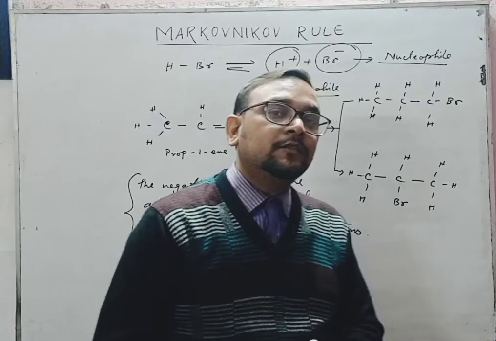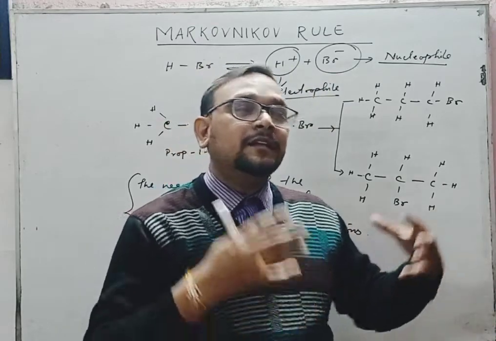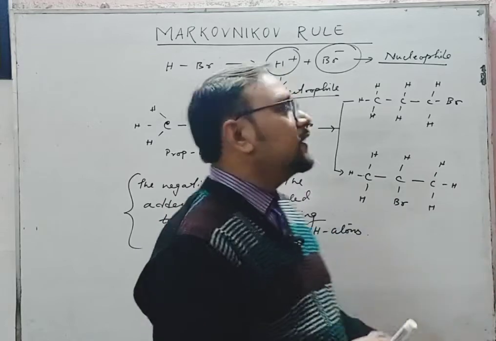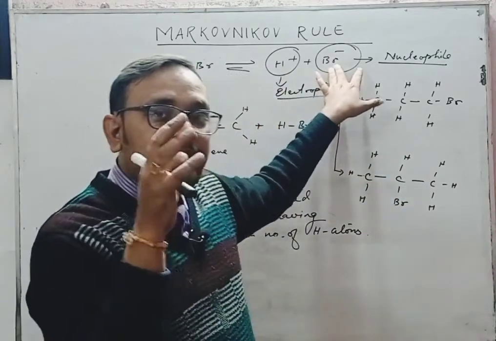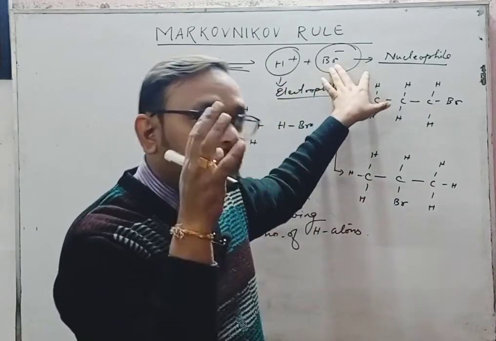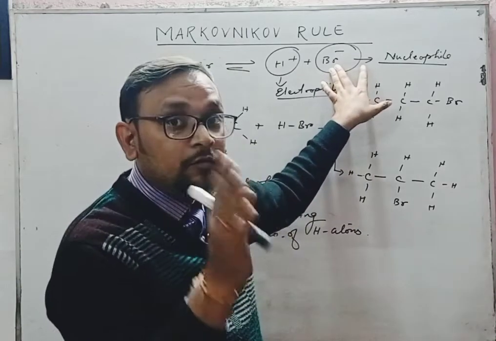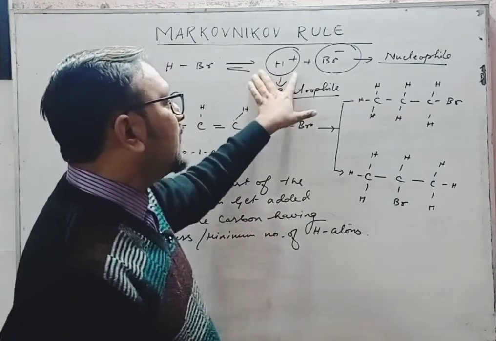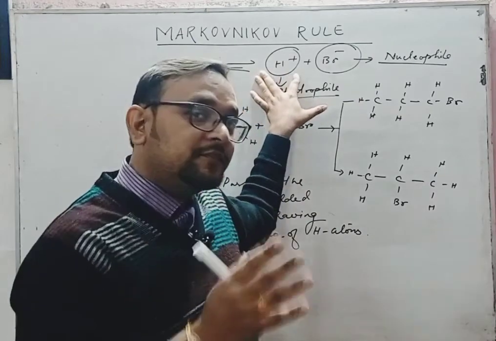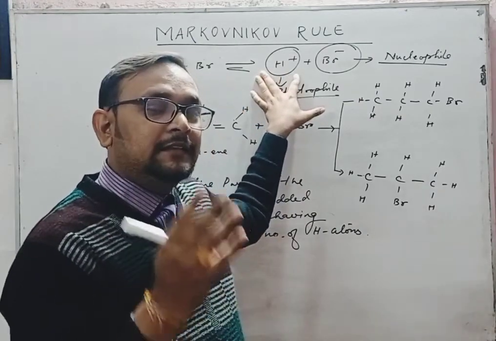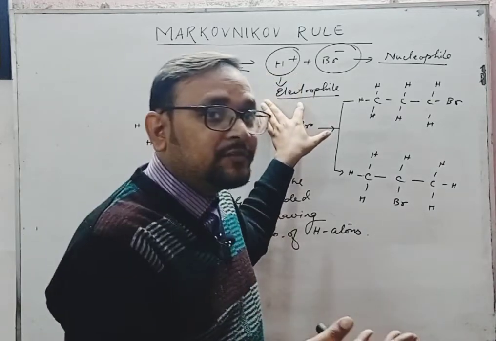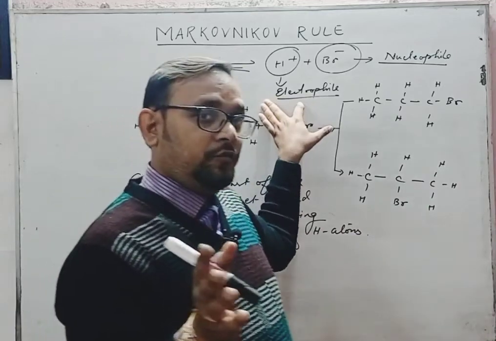Now what is the charge on the nucleus? Plus charge. Phile comes from the tendency to attract, love. So the species which get attracted to the nucleus or the positive charge are known as nucleophiles. Yes, they are the negatively charged species or electron-rich species. Whereas the species which are deficient in electrons, which get attracted to the electrons or the negative charges, are known as electrophiles, right?